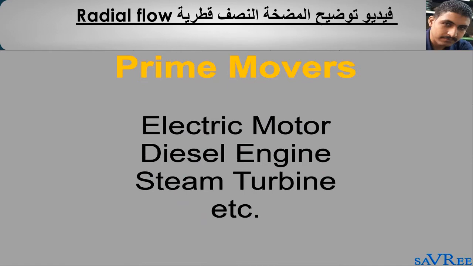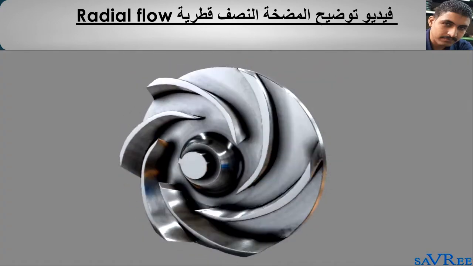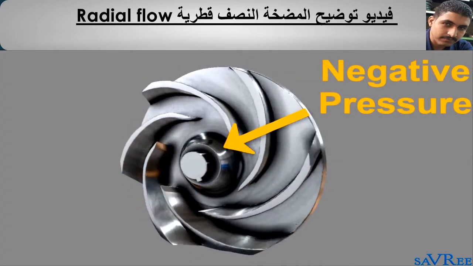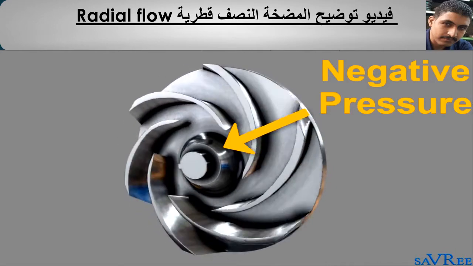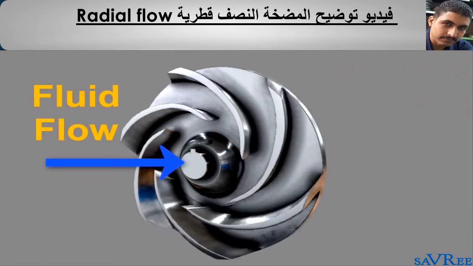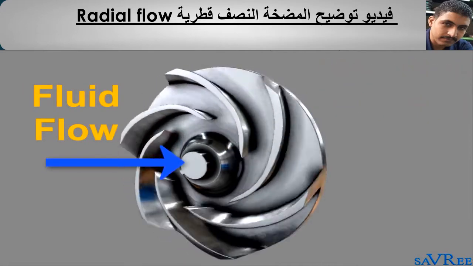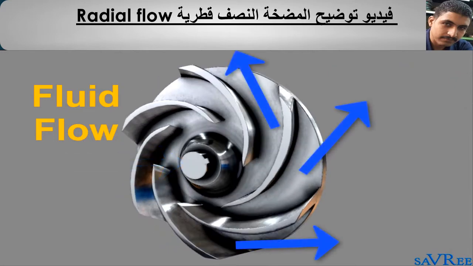The impeller rotates within a fluid, and as it does so, it creates a negative pressure around the impeller eye, which is located at the center of the impeller. This negative pressure draws the fluid into the impeller. Because the impeller is rotating, the fluid is thrown outwards radially due to the centrifugal force that's imparted on it from the impeller.